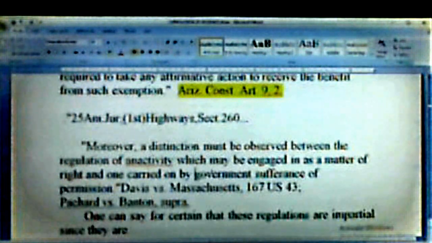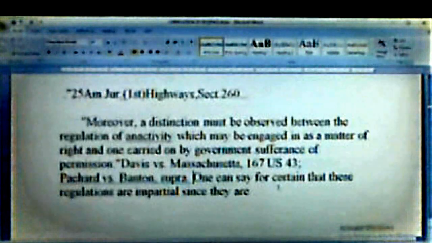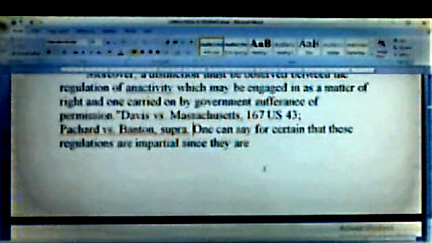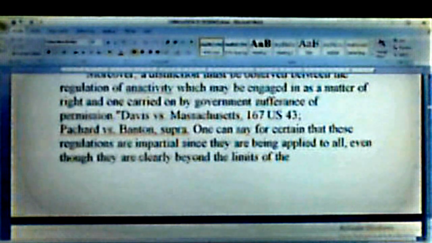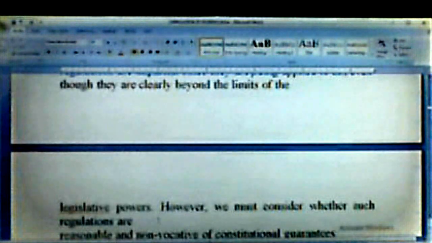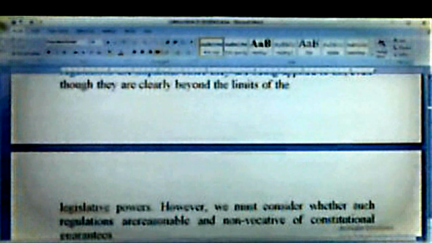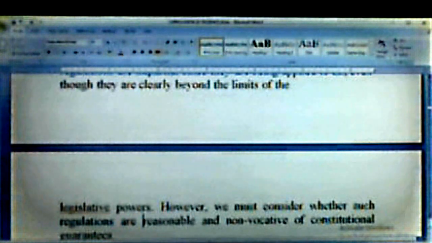Now, here's another section of constitutional law. There is tons and tons of constitutional law, guys. And we should be learning it and knowing it. Because I'm telling you, we have really allowed ourselves to be abused by those in power.